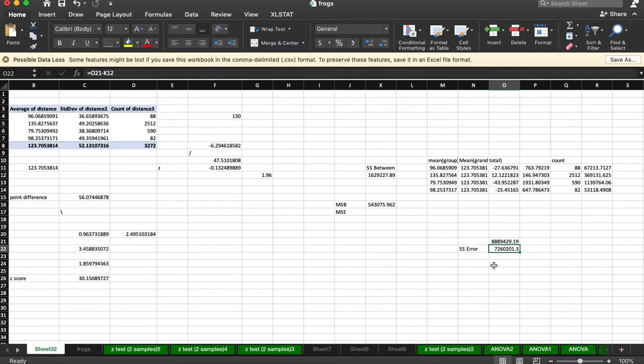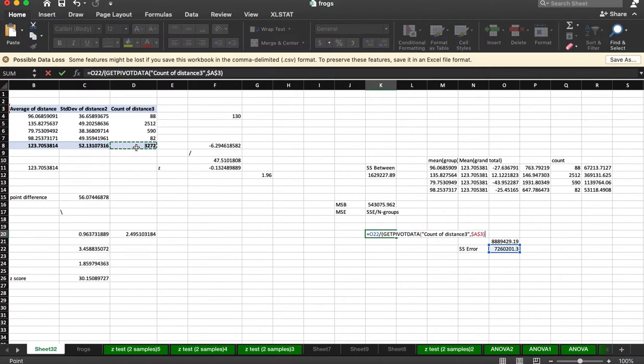All right. My mean squared error is the sum of squares error divided by the total number of observations minus the groups. So it's n minus groups. That means it's this divided by this number, and we have 4 groups minus 4.